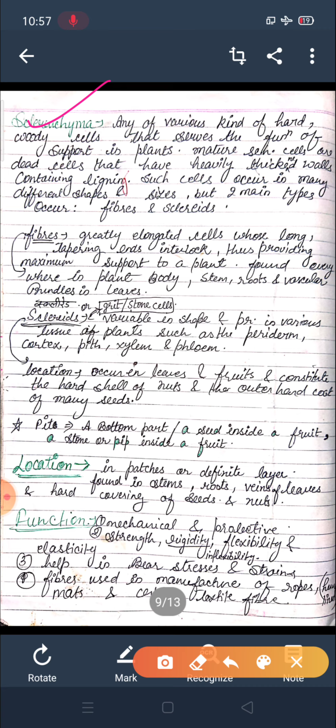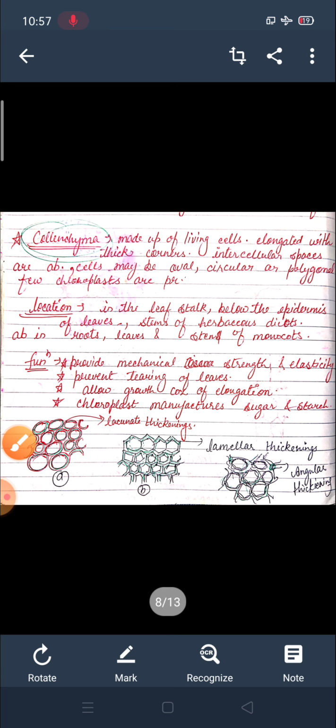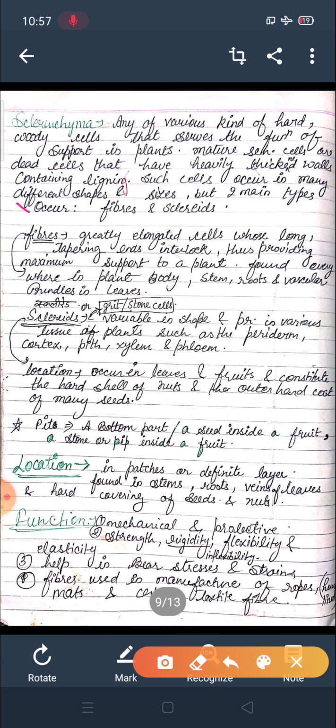Such cells occur in many different shapes and sizes, but two main types occur: fibers and sclereids. I am explaining with the help of a diagram what are fibers and what are sclereids.